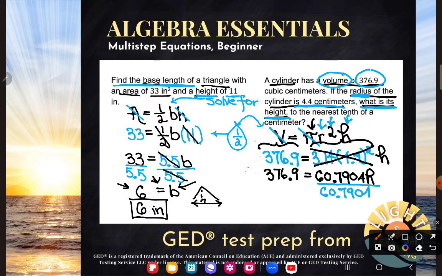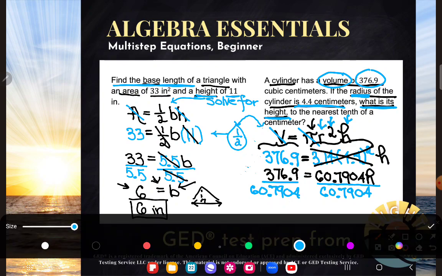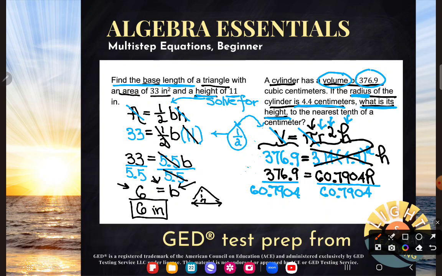That's a problem I have when I have long numbers here. Oops, I already did it. I told you I was trying not to, and I did it. Not 6,079, Kate. 60.7904. All right, let's look at that right-hand side. We're multiplying by this big, long, ugly number and dividing by this big, long, ugly number, so they cancel. So H is alone just like I wanted. And then on the other side, there's the math to do.